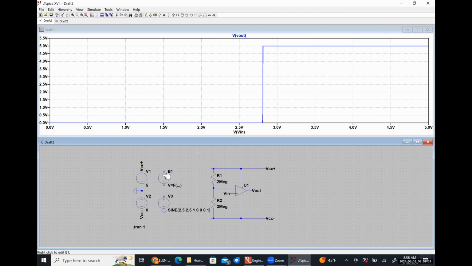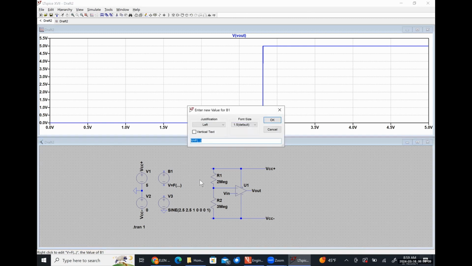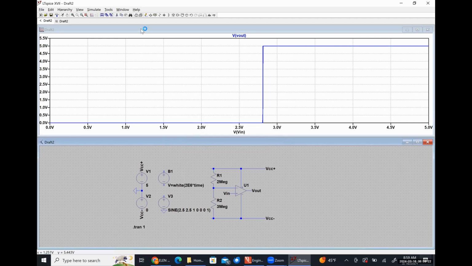So I just used a behavioral voltage source here, which is just a fancy term for a dependent source where my voltage is just going to be a function. I'm just going to have this generate some white noise effectively. So that might look like something like V is equal to white 2e to the 6 times time or something like that. It's just randomizing noise here if I'm remembering how this works correctly.